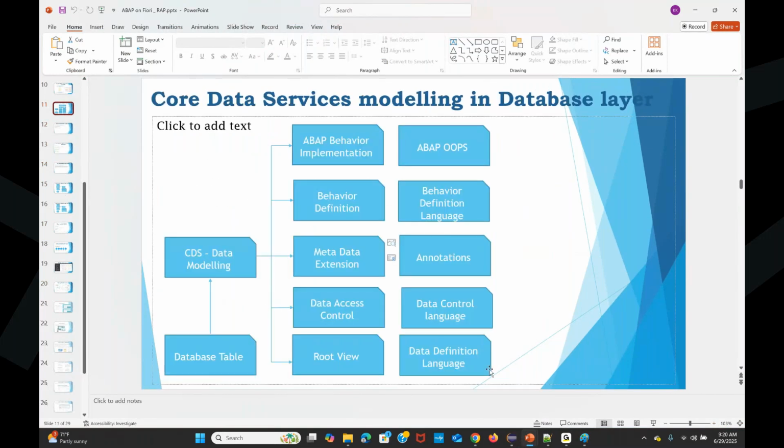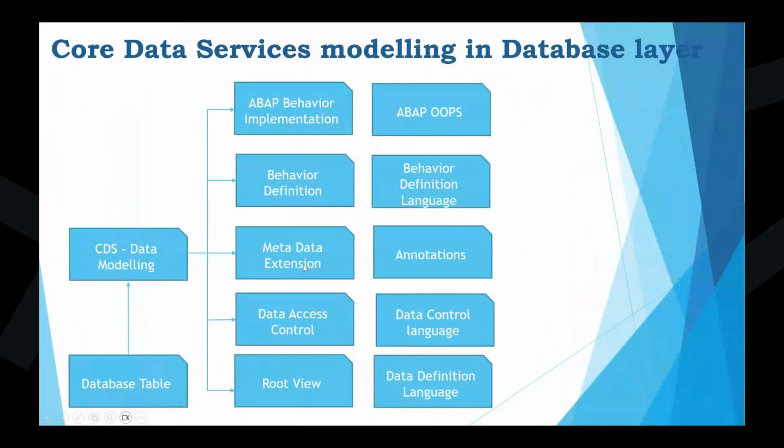Here I think we're talking about metadata extension. Correct. I have included everything, the UI annotations, in my root view only. I have not used it in this demo; I will use it in my training. It's a demo, I just gave it like that. Understood?